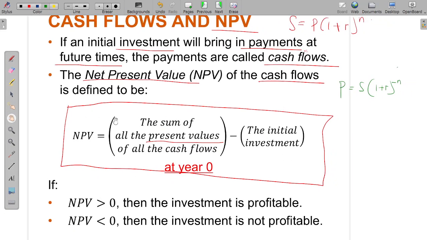So we calculate the present value of all the cash flows and then we subtract the initial investment. If that net present value is greater than 0, then the investment is profitable. But if it is less than 0, it is not profitable.